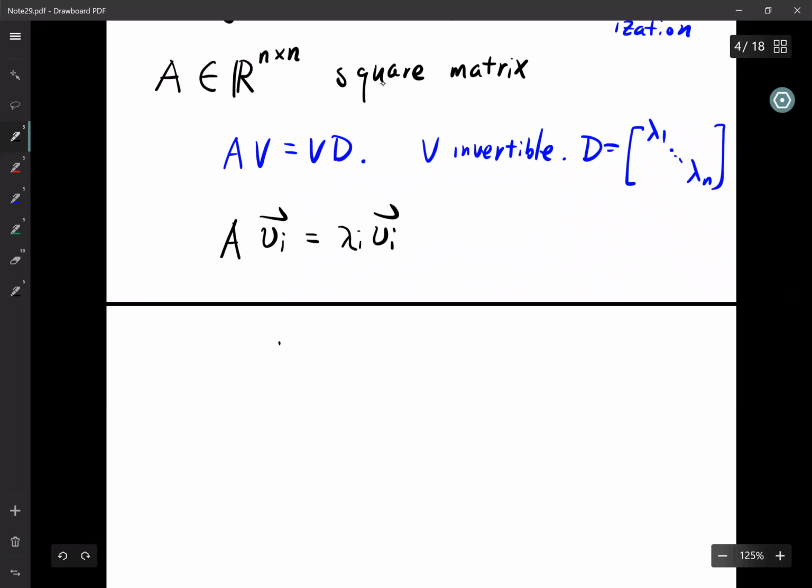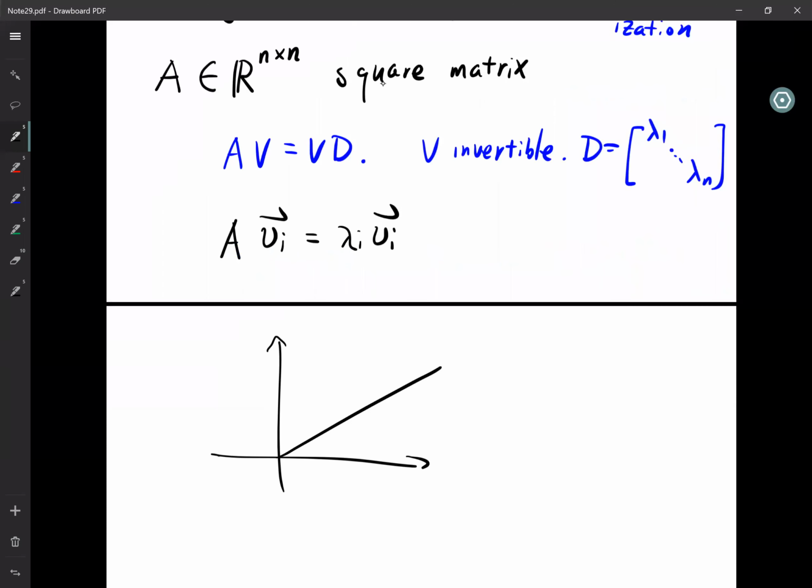In other words, along the real or complex axis, we have a vector, so this is v_i. Then A acting on this vector is not some very complicated operation that changes both the length and the direction of the vector, but actually it is just a scaling operation, a multiplication of the same vector.